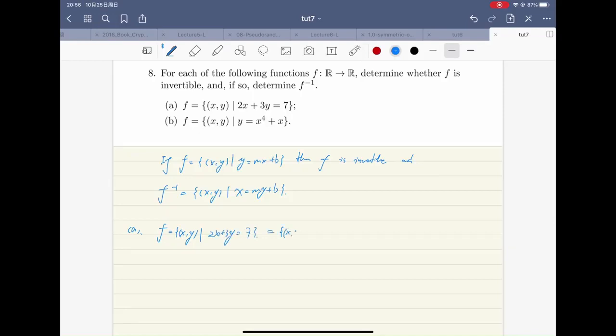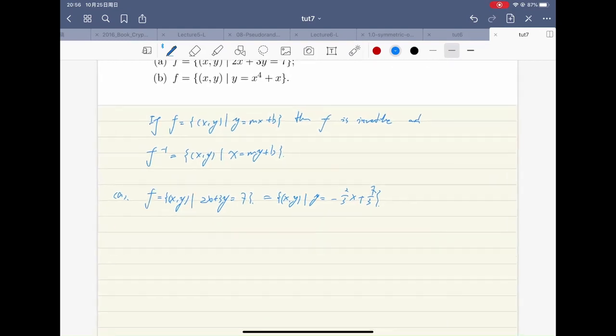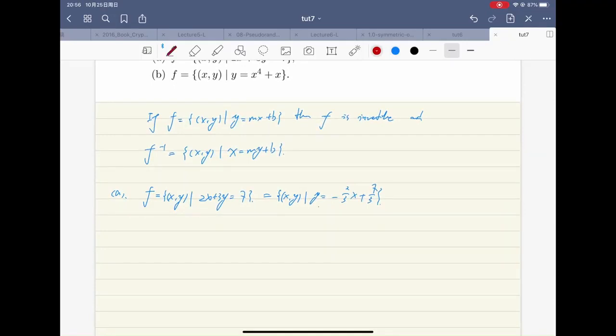So we have y equals negative 2 over 3 x plus 7 over 3. So how do we find the inverse function of the original function? We just interchange the values of x and y, then solve for y. So what do we have here? We have y equals negative 2 over 3 x plus 7 over 3.